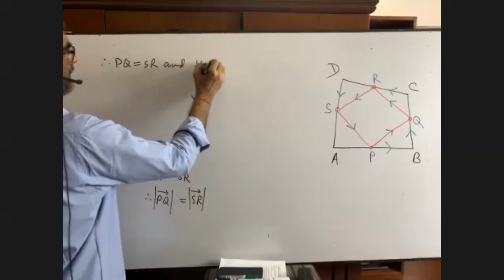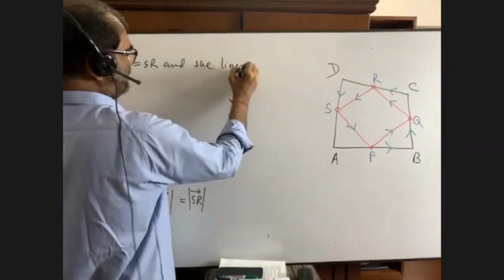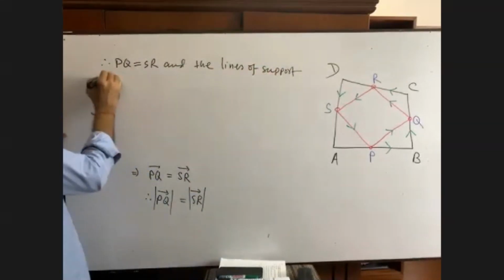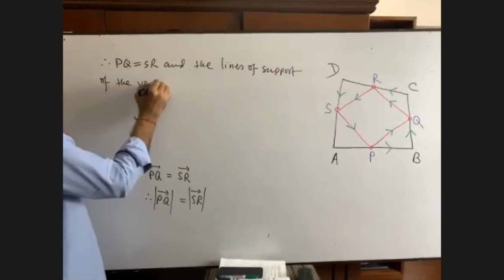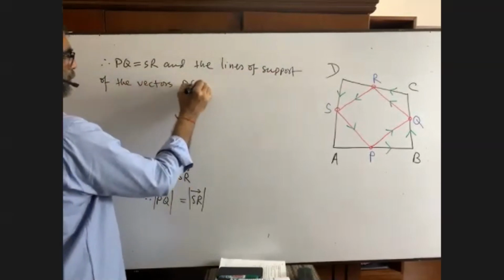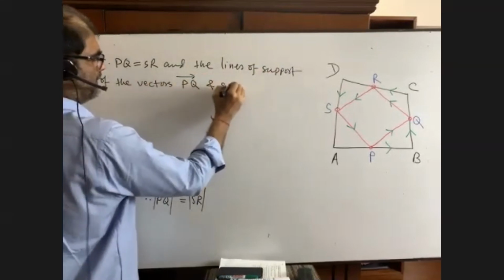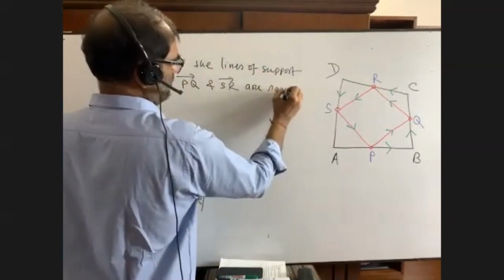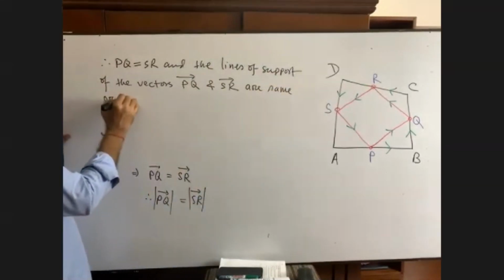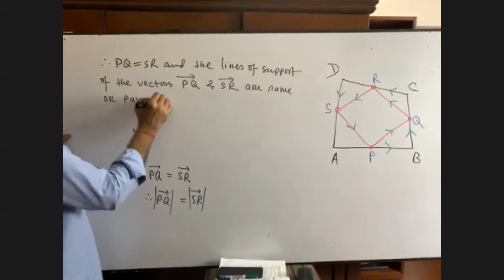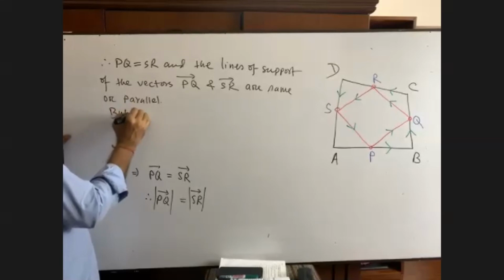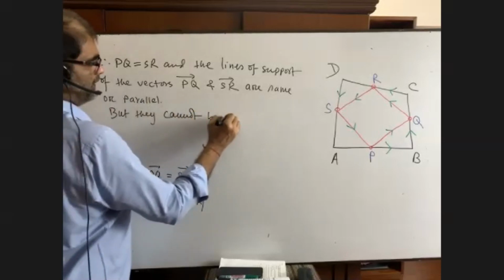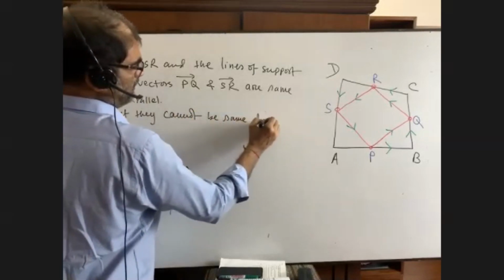And then write down: lines of support of the vectors PQ and SR are same or parallel, but they cannot be same here.